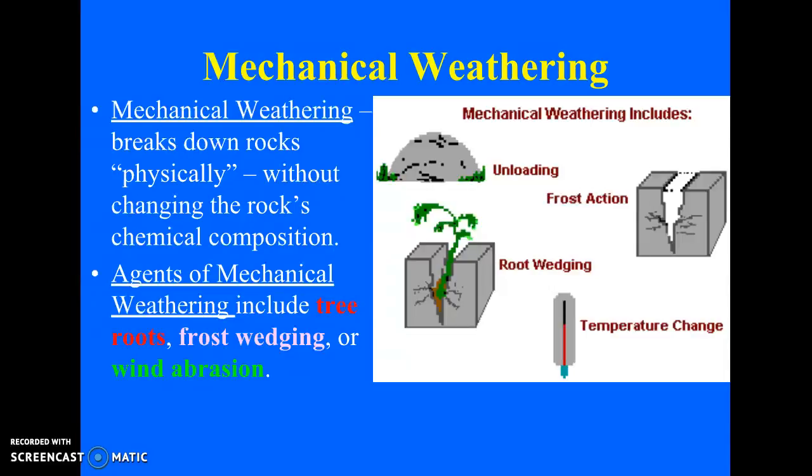Water becomes ice. It expands about 10%, and that causes a thing called frost action. Sometimes they call it frost action, ice wedging, frost wedging. It's the same thing. It pries apart the crack of the rock and makes it larger. This is how potholes form in the wintertime as well.